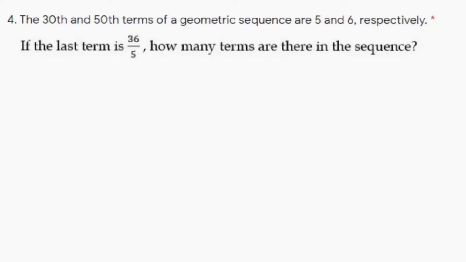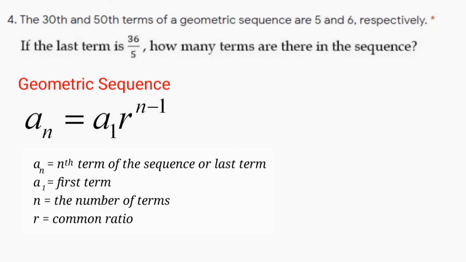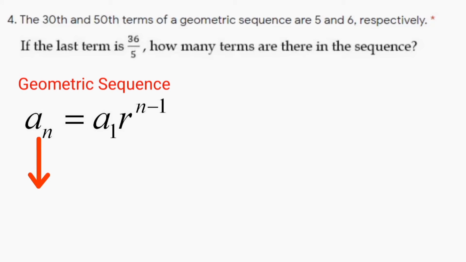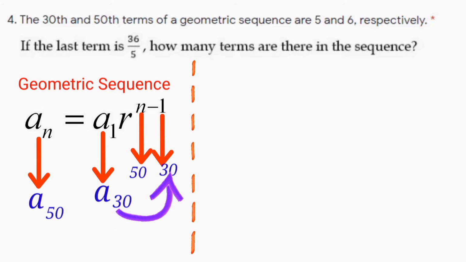The 30th and 50th terms of a geometric sequence are 5 and 6 respectively. If the last term is 36 all over 5, how many terms are there in the sequence? Here's the formula for the last term of the geometric sequence: a sub n is equal to a sub 1 times r raised to n minus 1. Change a sub n to a sub 50, a sub 1 to a sub 30, n to 50, and 1 to 30.